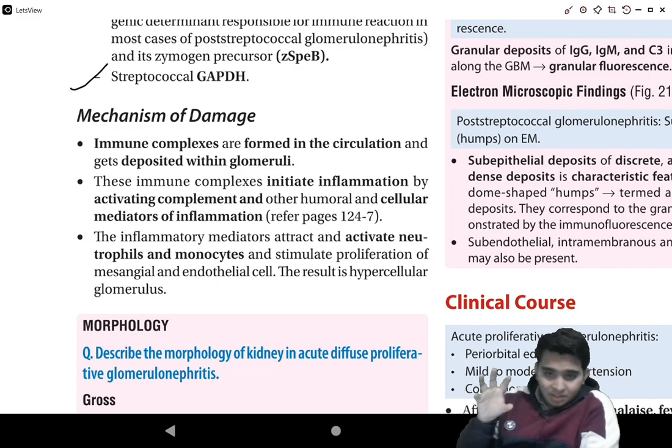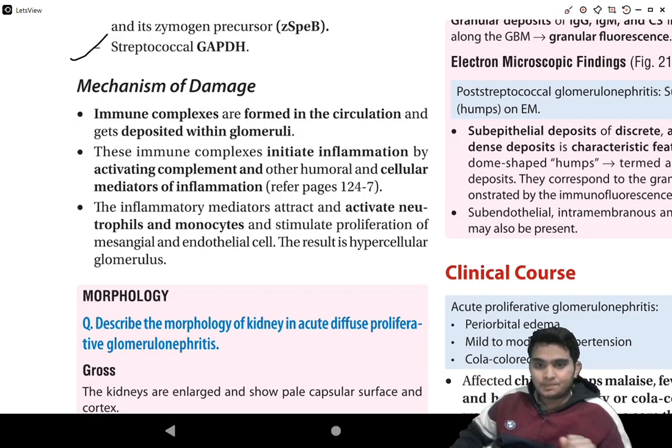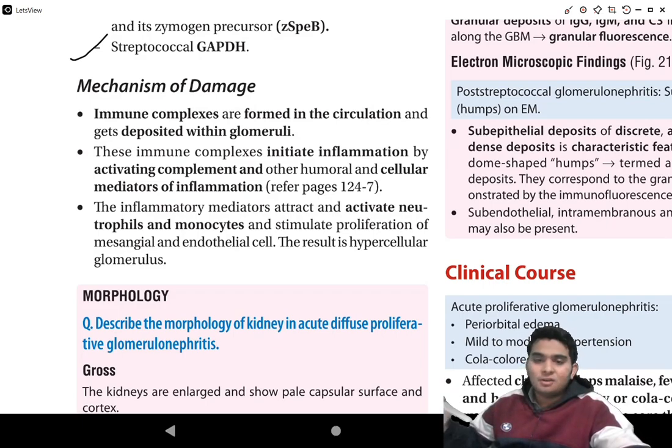These immune complexes initiate the inflammatory response, activating complement and other humoral and cellular mediators of inflammation. These inflammatory mediators attract and activate neutrophils and monocytes and stimulate proliferation of mesangial and endothelial cells. This results in a hypercellular glomerulus. So this is the mechanism of damage, following simple principles of inflammation.